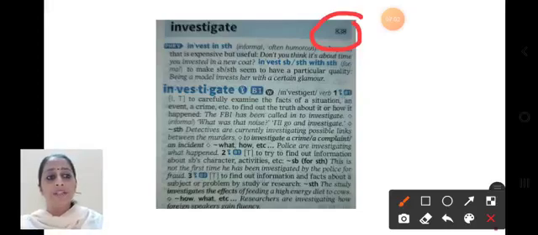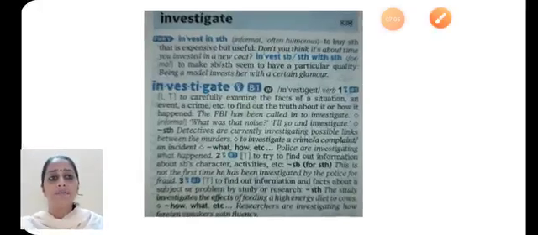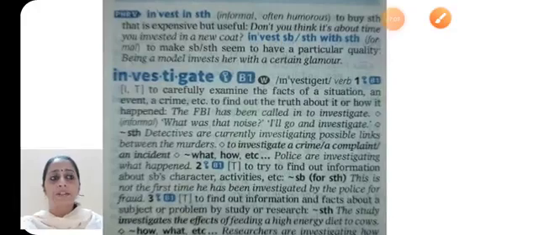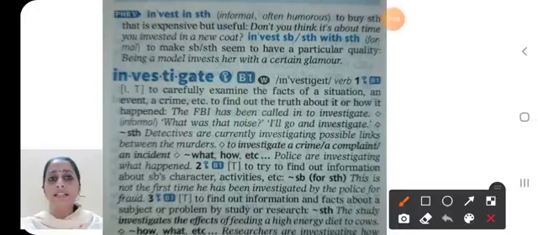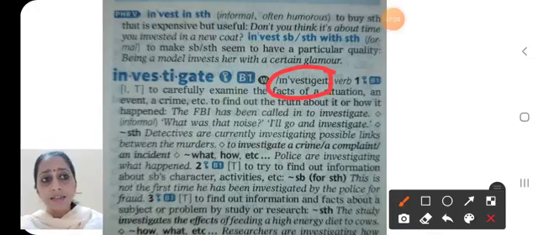Now if you look at this word carefully, look at the syllable. Investigate. Clear? This is the pronunciation. How do you read the word? How do you say the word? This is the parts of speech.